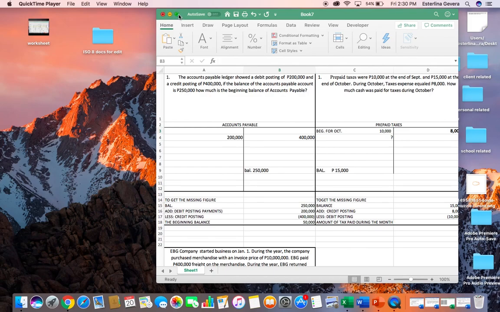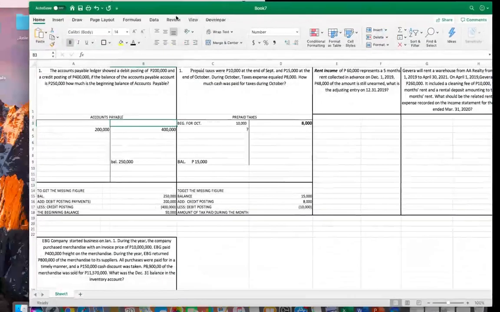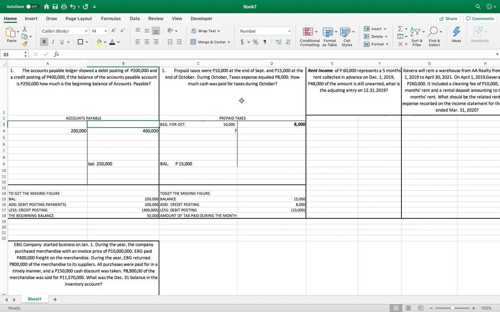Okay, so our next lesson is a review on the posting process, which is the classifying process of the accounting. For example, here is a problem. The accounts payable ledger showed a debit posting of 200,000 and a credit posting of 400,000.